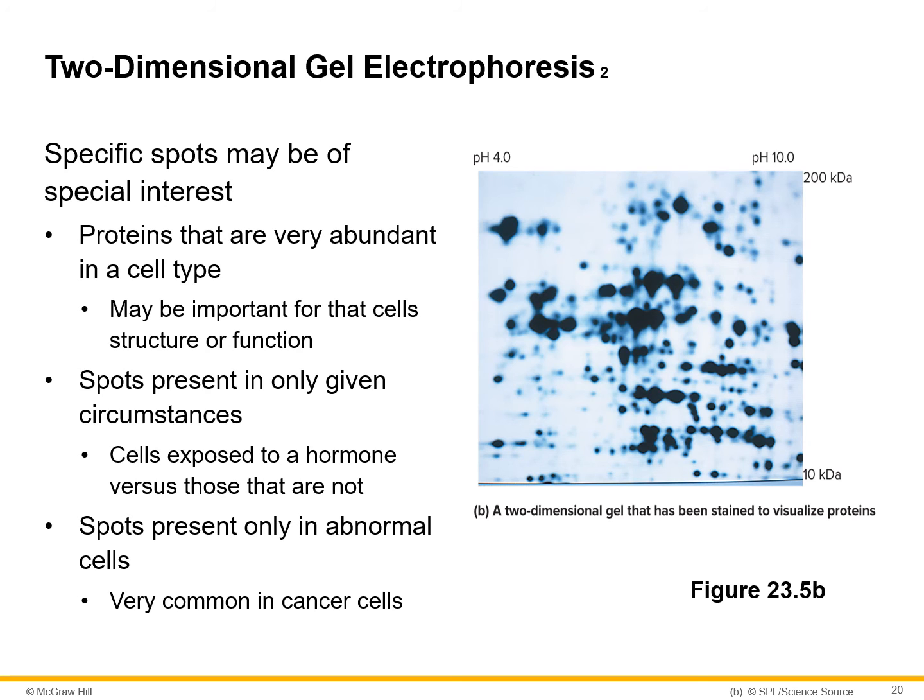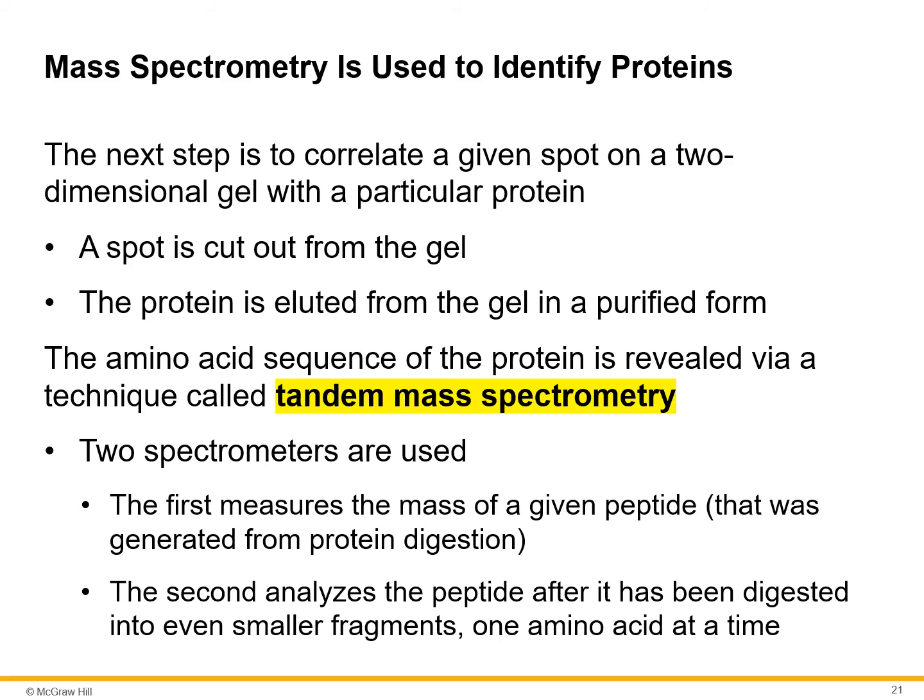And then you can do further analysis of the protein spots. So you can remove those spots from the electrophoresis gel, and using mass spectrophotometry, which we're not going to talk about here, you can actually determine an amino acid sequence from that.